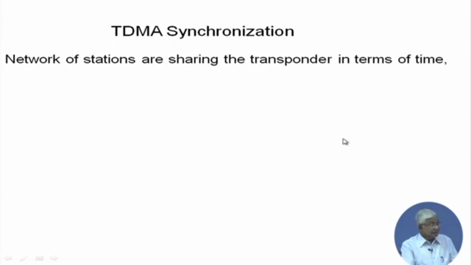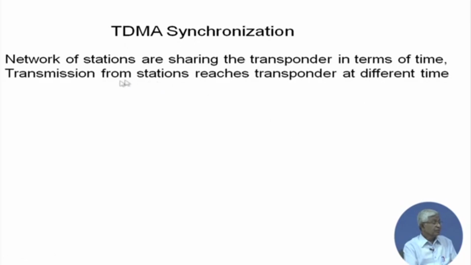But the important issue in TDMA is synchronization, particularly the network synchronization. This network of stations is sharing the transponder in terms of time. So, they must transmit with the synchronized burst clock. The transmission from a station reaches the transponder at a different time.